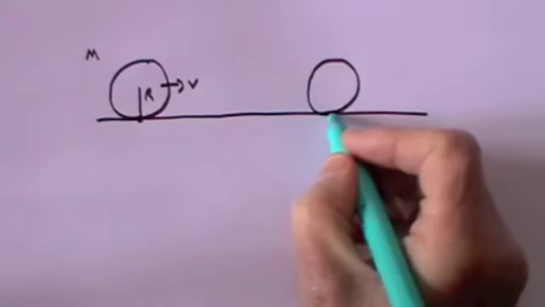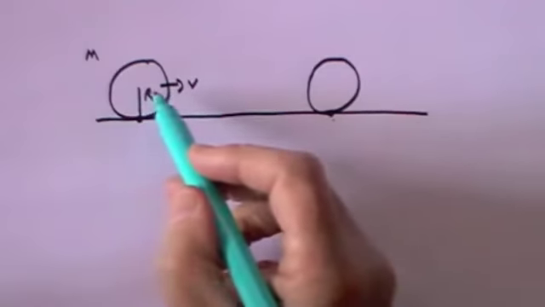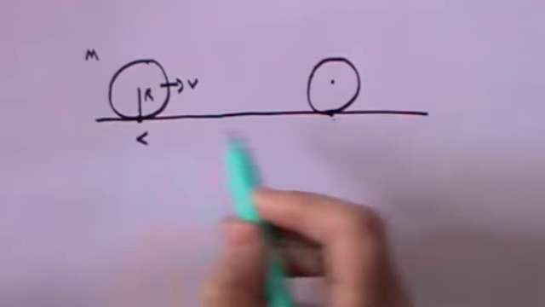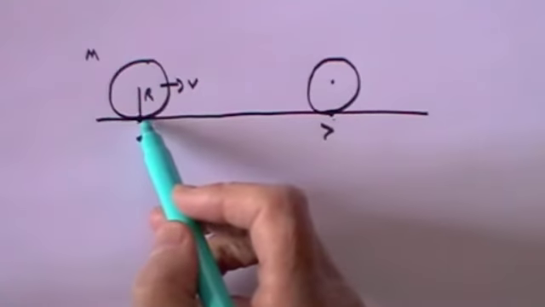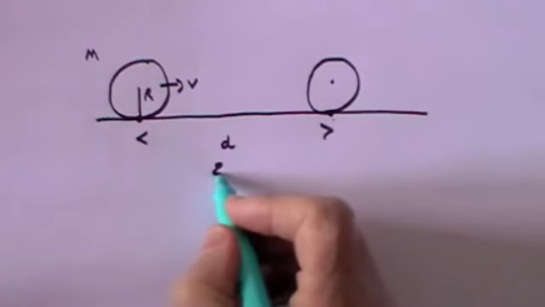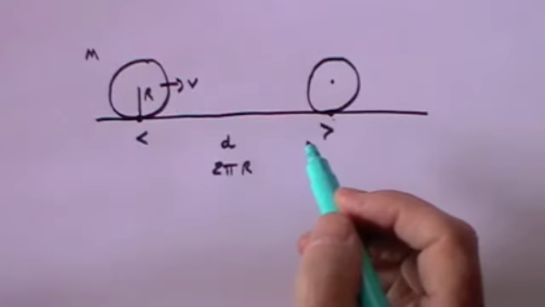So this point has gone all the way around and come back, but the wheel of course has been moving in the meantime. And it will have travelled a distance which of course is going to be equal to the circumference of the wheel. So that distance d is simply going to be 2 pi R, where r is the radius of the wheel.